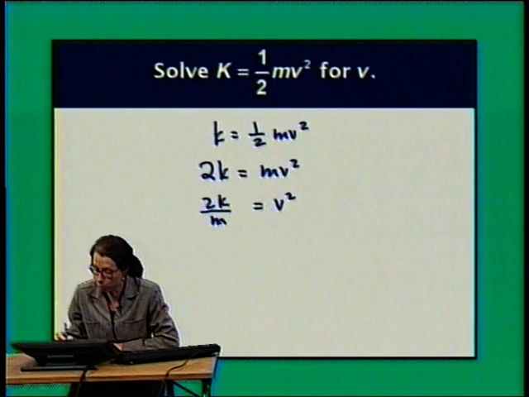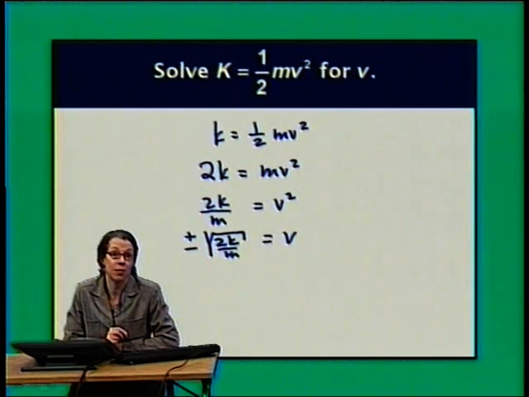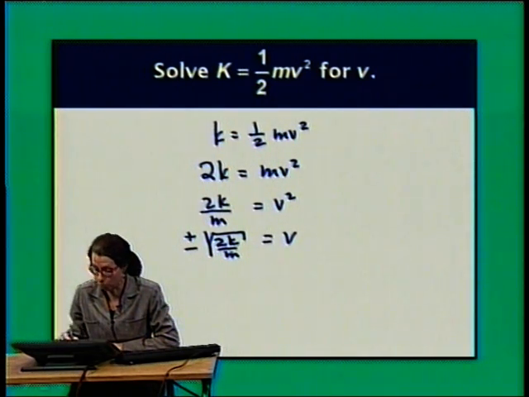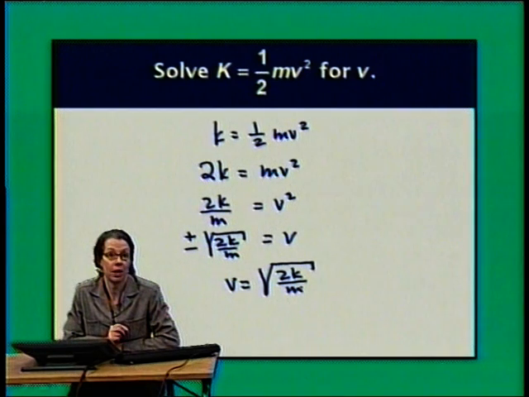Using the square root principle, I have v equals plus or minus the square root of 2k over m. Now since v is a speed, I'm only going to be interested in the positive square root.